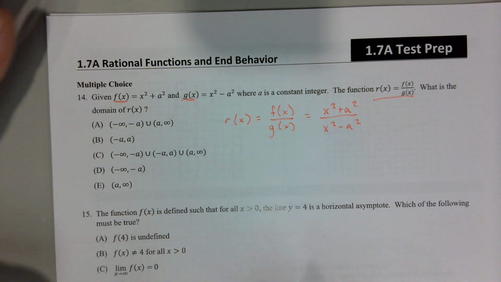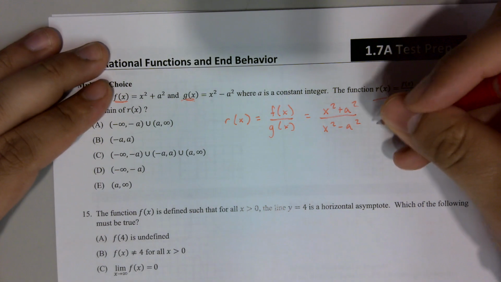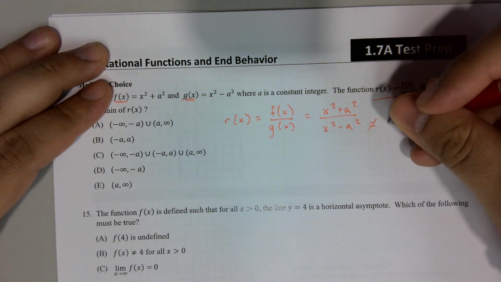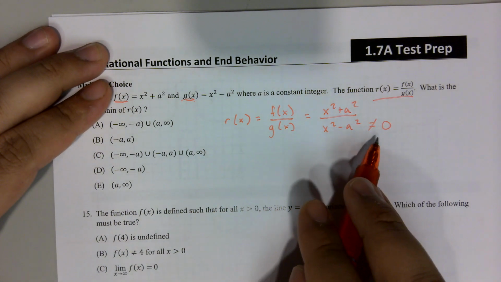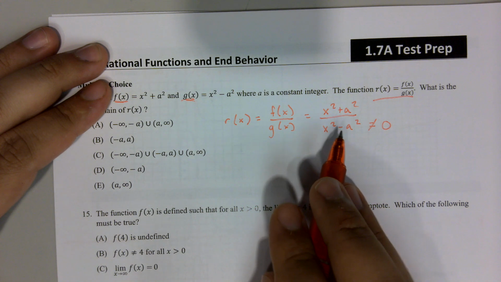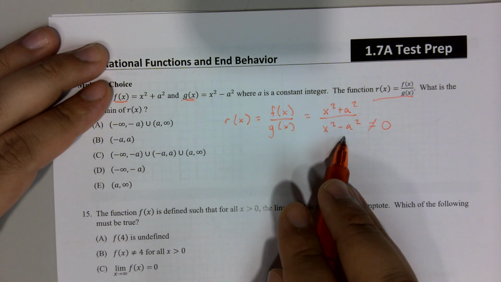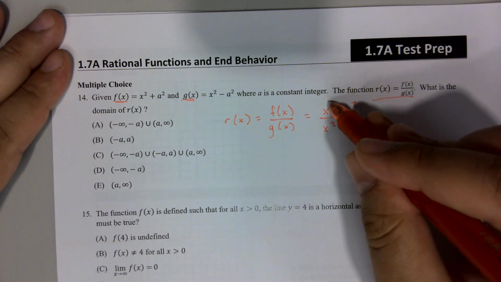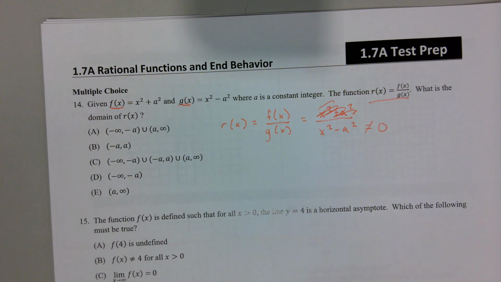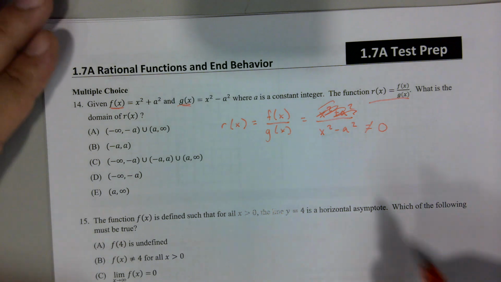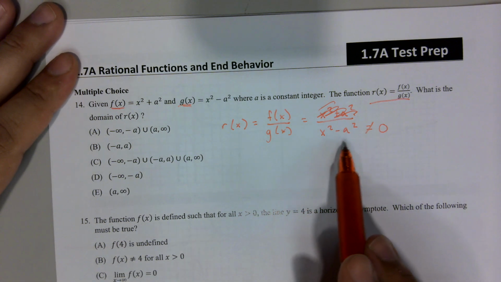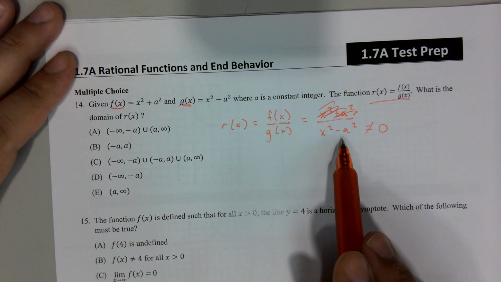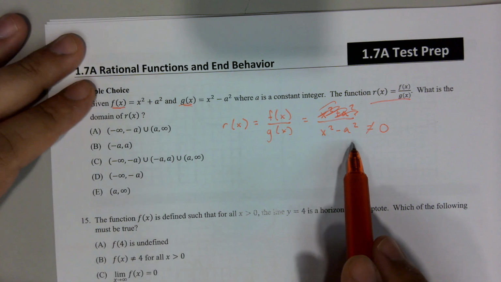So our domain for r of x is going to be defined everywhere except where our denominator is equal to 0. So we're saying that our denominator, x squared minus a squared, cannot be equal to 0. And when we're interested in finding the domain, we don't even care what the numerator is doing. We can ignore that. So let's just figure out where our domain is restricted.